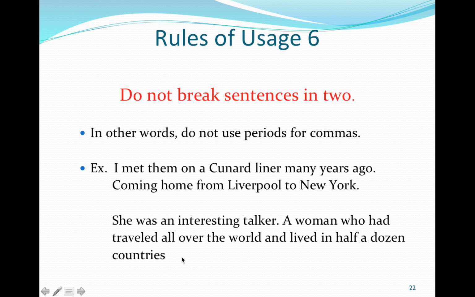But it doesn't tell us anything else about the woman. A woman who had traveled all over the world and lived in half a dozen countries. And then it leaves us dangling with, okay, so what about this woman? Well, the fact is, she was an interesting talker. But we put that sentence all alone by itself with a period, and then we began this with a capital letter, indicating this one is to stand alone as well, but it doesn't have enough content information to stand alone. Be careful of how you set up your sentences.